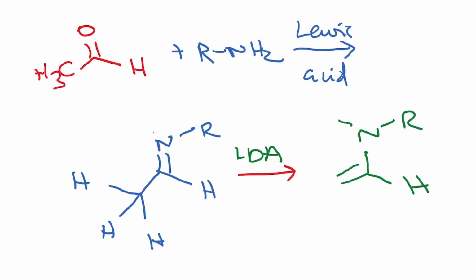This is the aza enolate that is produced, and it is in a position to react with an aldehyde. Before we go ahead, let me quickly write out the mechanism of this reaction. This is LDA, which has 2 isopropyl groups and the lithium over here, and here's your imine.